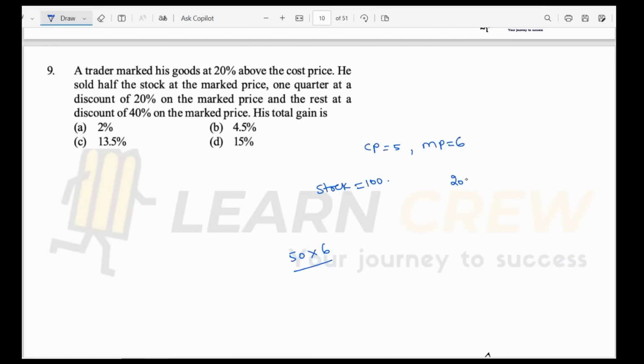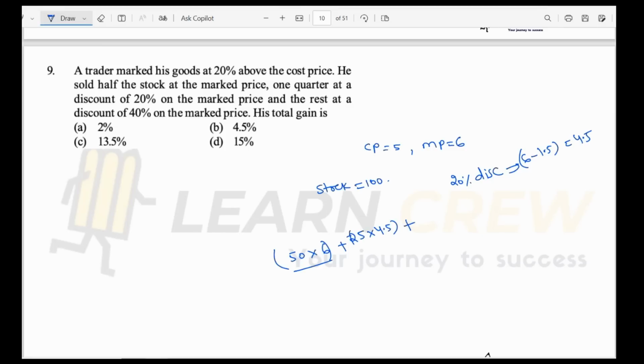When 20% discount is given, 1/4 discount on MRP, it would be minus 1.5. On 6, 1/4 reduction, so it would be 4.5 or not? 1/4 means how many out of 100? 25 are sold for 4.5 rupees each. Yes or no?